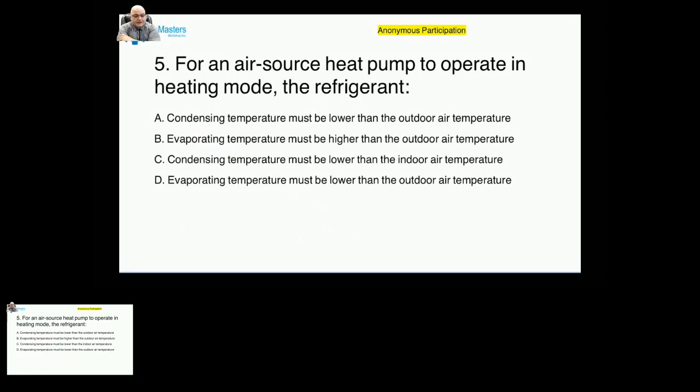Air source heat pump means that the condenser, the outdoor coil, I should say, I shouldn't talk about this now because I don't want to give up the answer. I'll explain in a minute.